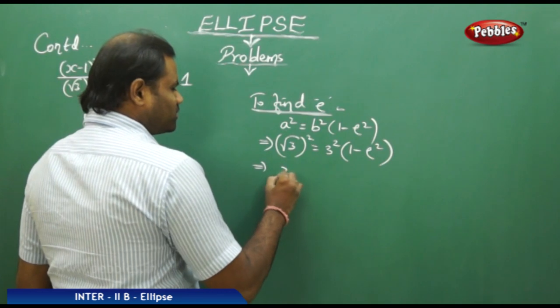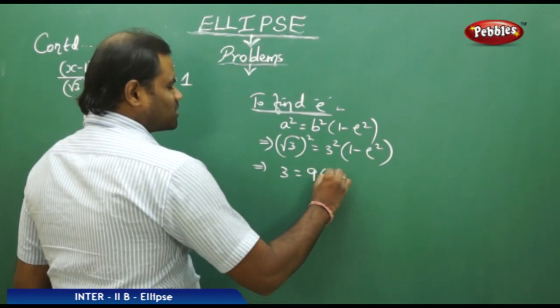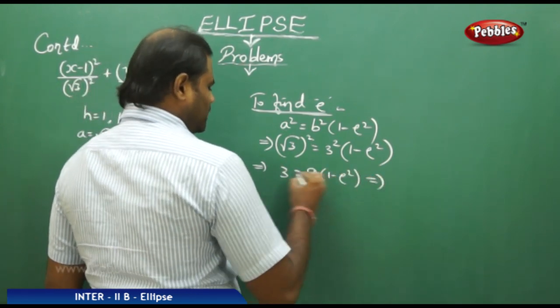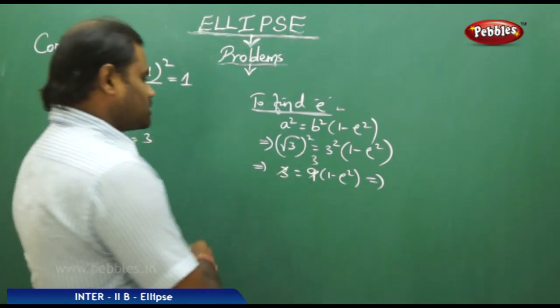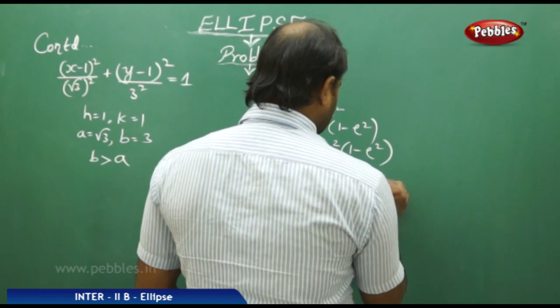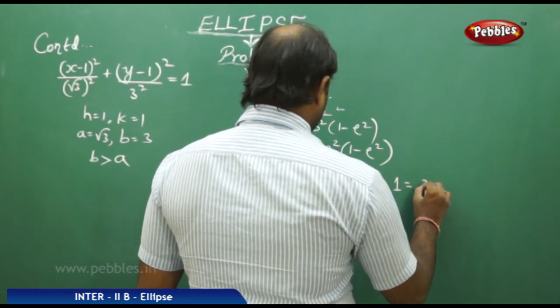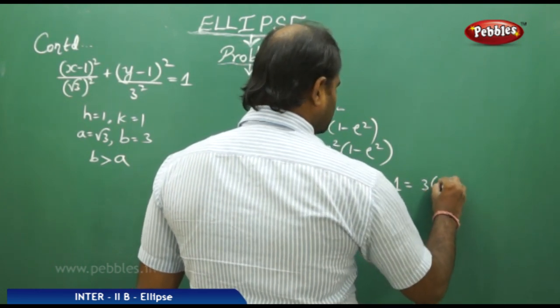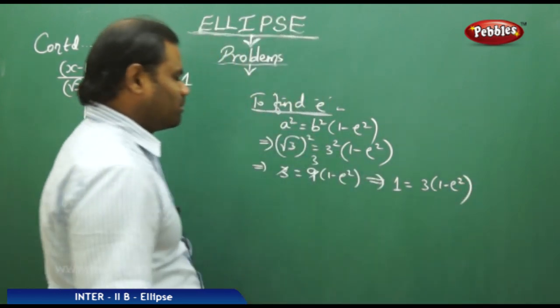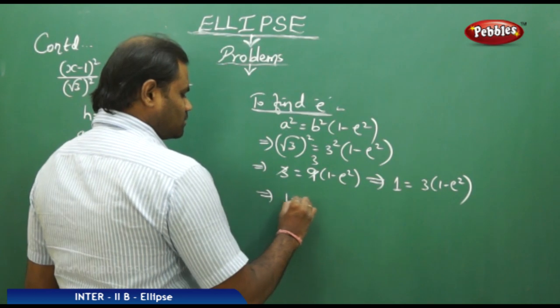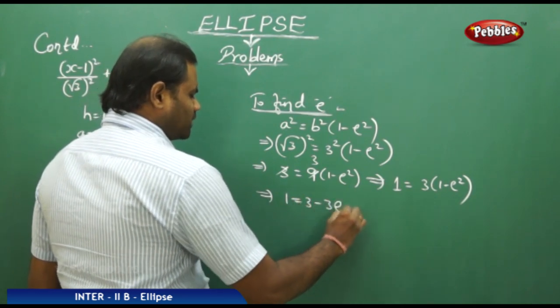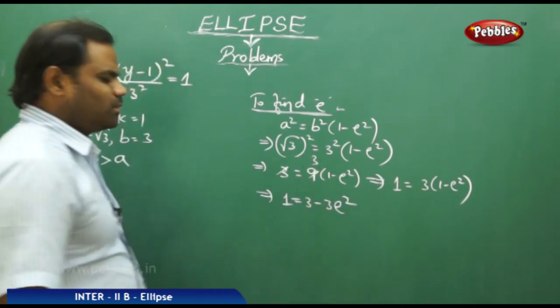So root 3 whole square is 3, and 3 square is 9, and 3 gets cancelled 3 times, so I get 1 equals 3 times 1 minus e square, which on further simplification gives 1 equals 3 minus 3e squared.